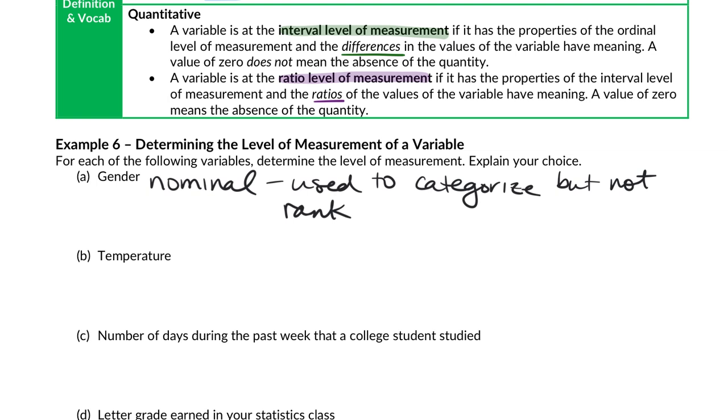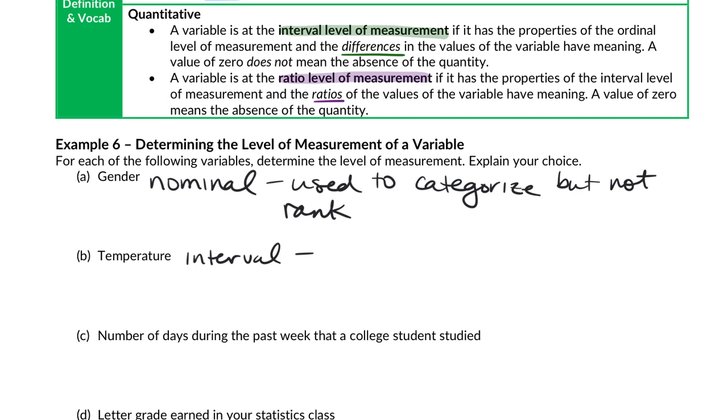How about temperature? Would that be nominal, ordinal, interval, or ratio? Interval. It is interval. Why would it be interval? Well, true, they all vary. But specifically, what did I underline in the interval definition? Differences. The differences in temperature mean something, right? So if you have, like, the 60-degree day we had a few days ago and the 35-degree day we're having today, that difference means something.